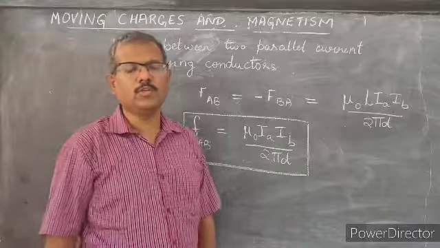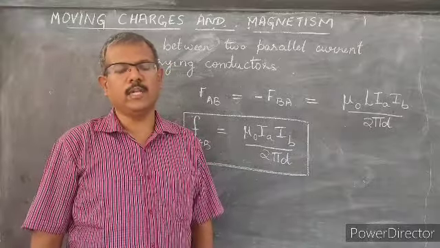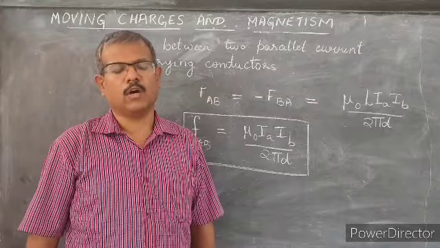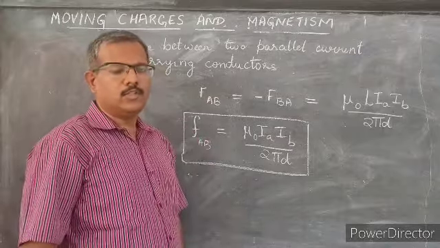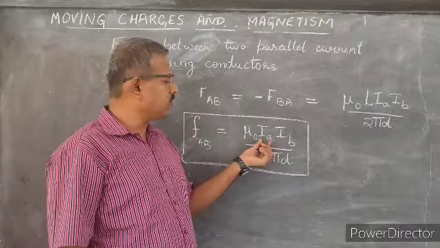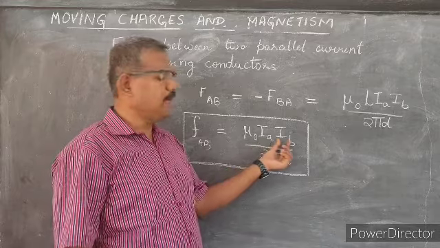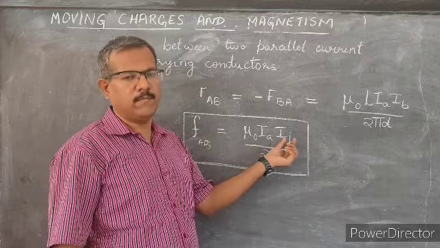This expression is sometimes also used to define the SI unit of current, or the ampere. So to define the ampere, we'll take some x quantity of current being used for Ia and the same x quantity of current being used for Ib.